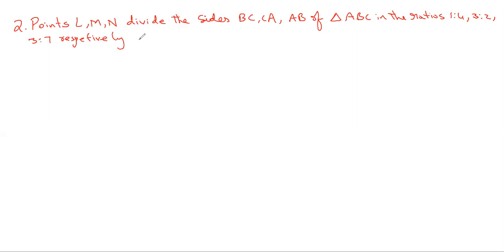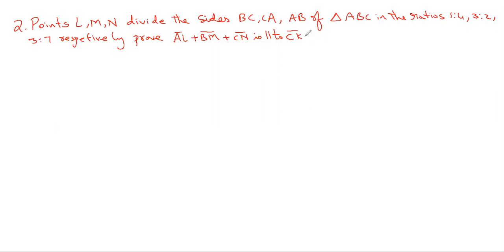And they're asking us to prove that AL plus BM plus CN is a vector parallel to CK.